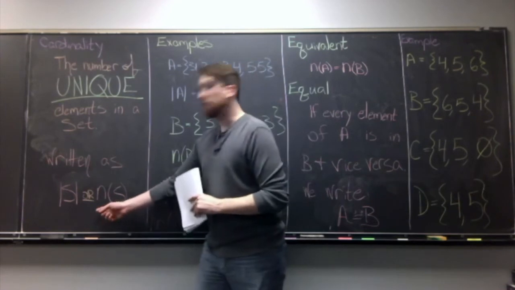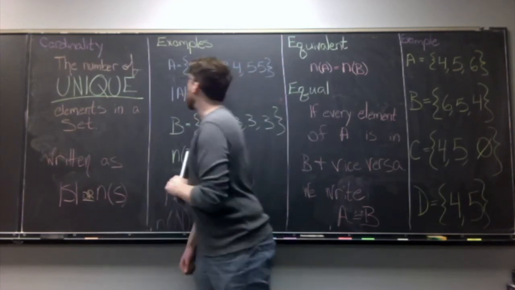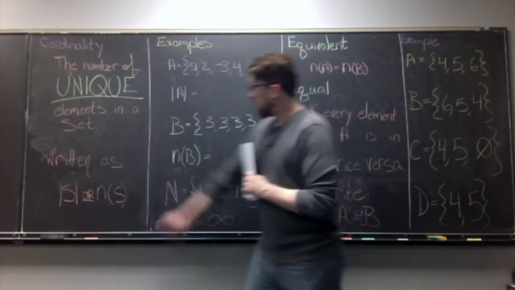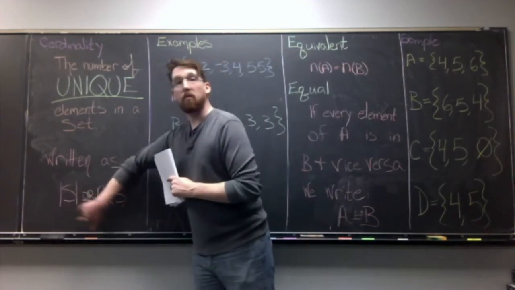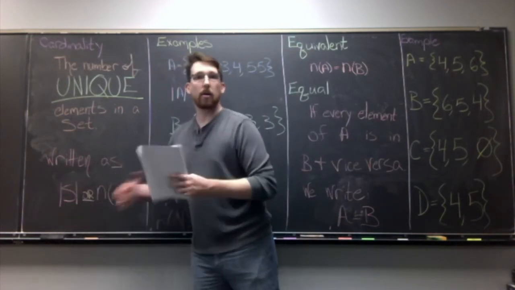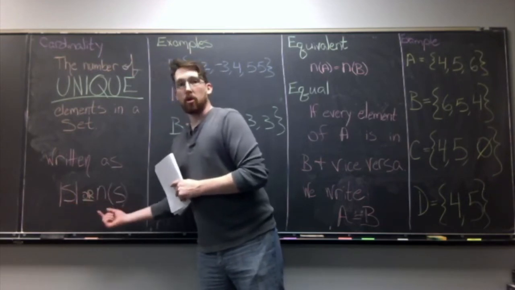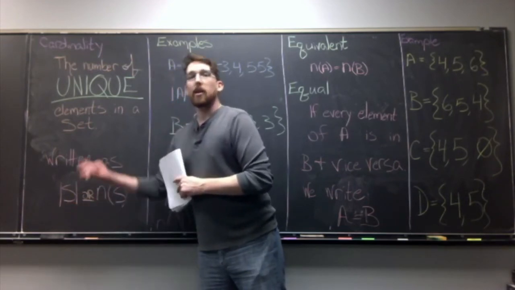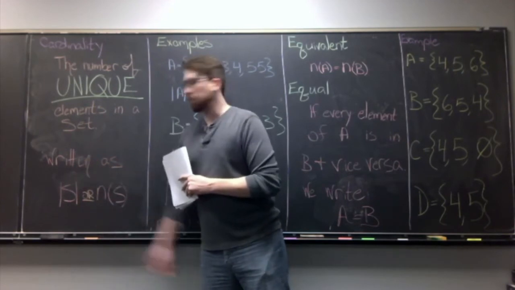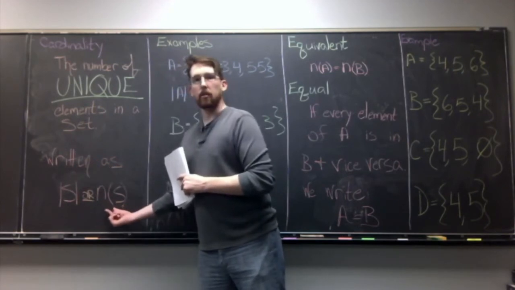This is the way the book writes it. And I will probably jump back and forth as I think about it. So just so that you know, there are two different ways of writing this. They mean the exact same thing. This, of course, like I just said, is the way the book writes it.